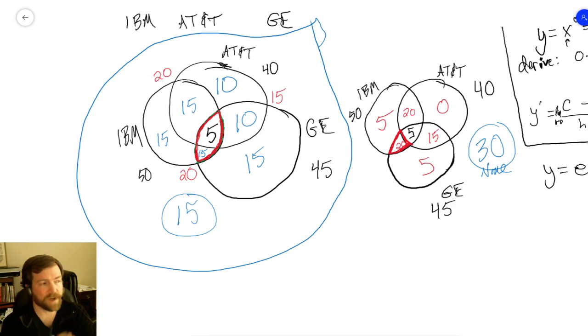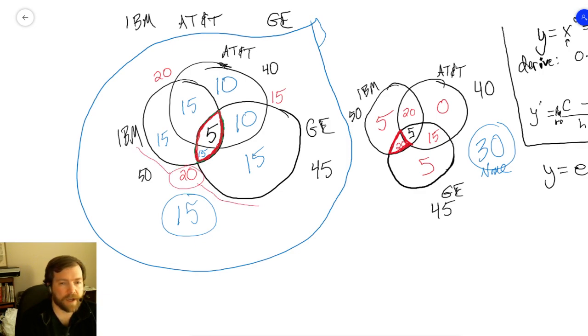So there are two different ways to look at it, depending on where you draw the lines. So is your 20 who own both IBM and GE going to be here, this red segment, which is again the entire intersection of IBM and GE? Or is it the exclusive intersection between only IBM and GE?